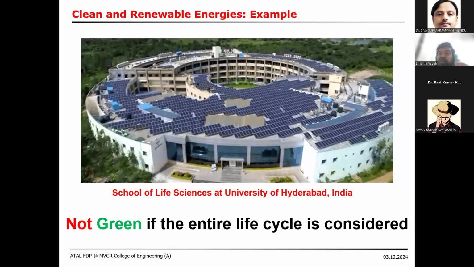Okay, but see this example carefully. I need so many panels. That means I need so much silicon. So I need to mine silicon. Mining silicon involves pollution. That means it is environmentally not friendly. And okay, the moment it works, it produces energy, converting solar energy to electrical energy. But to get to this point, there is a disastrous process.